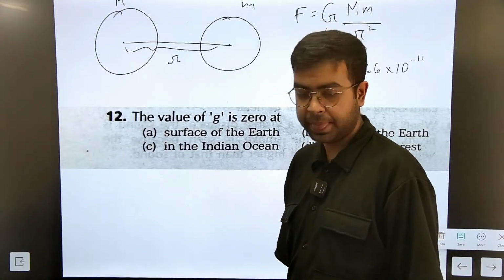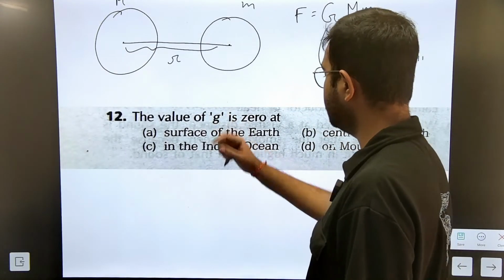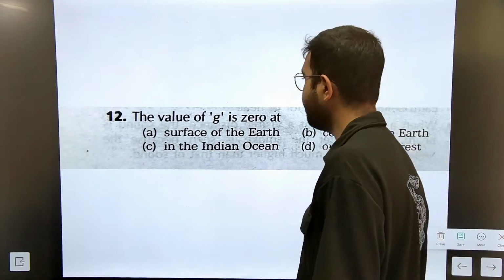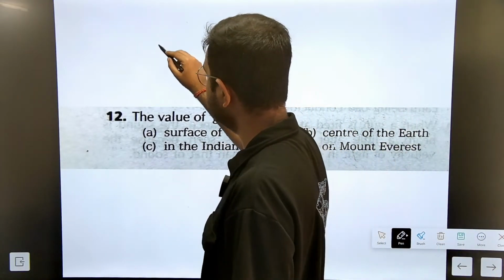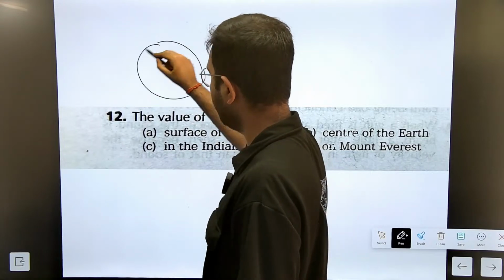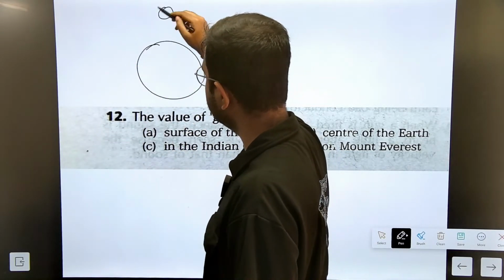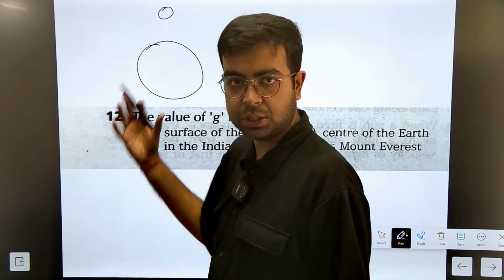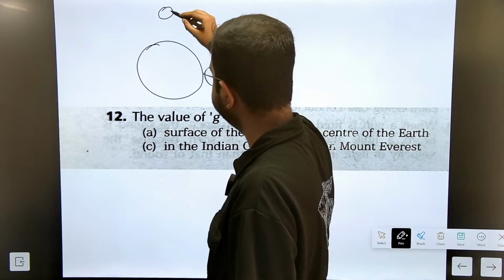Okay. Now let's come to small g. In case of small g, say there is Earth, and there is a certain object here, which is getting attracted towards the Earth by its gravitational pull.